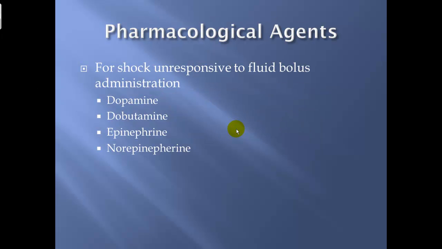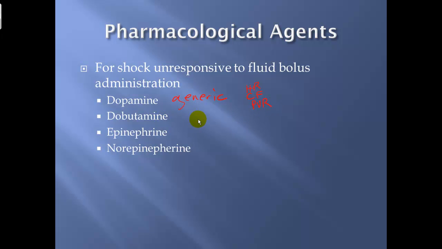Pharmacological agents. For shock unresponsive to fluid boluses, administer the following. And again, a quick overview. Dopamine is a generic type of vasopressor. Dopamine does everything. It increases heart rate, contractile force strength, and at higher doses, peripheral vascular resistance.